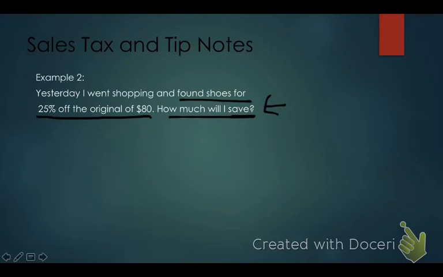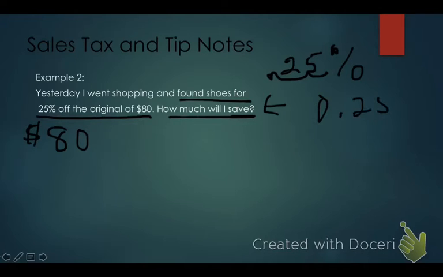Keyword. Okay, so let's see. I'm going to take $80 times 25%. 25% again, if I'm going to change from percent to decimal, remember we want to change it to a decimal, I'm going to move my decimal point twice to the left, and so that's 25 hundredths.